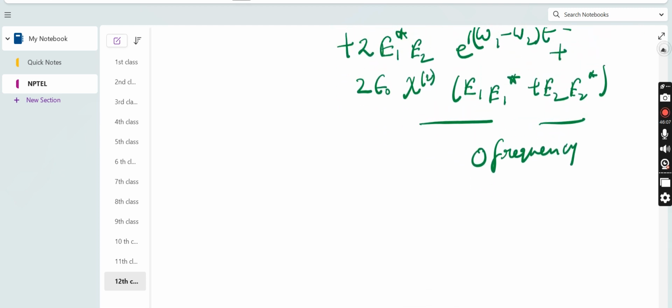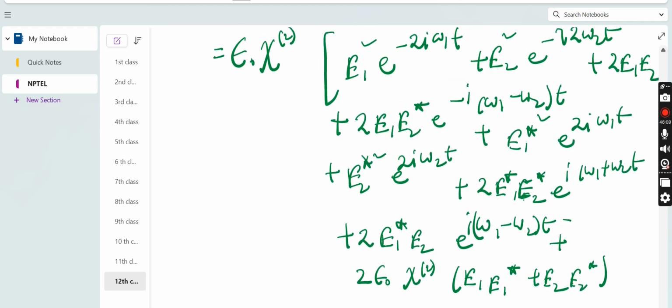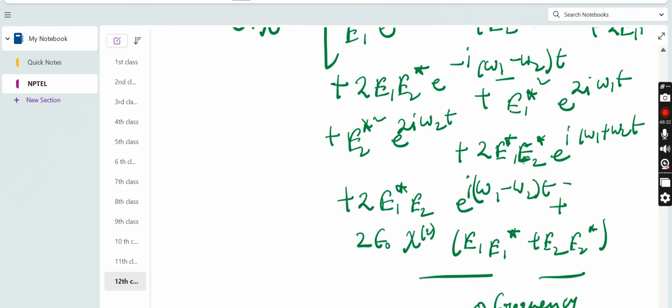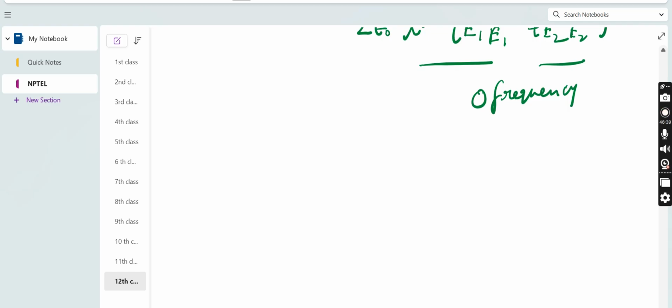So we have seen that we have almost 10 terms: 1, 2, 3, 4, 5, 6, 7, 8, 9, 10. But the frequencies are basically 2 omega 1, 2 omega 2, omega 1 plus omega 2, omega 1 minus omega 2, and 0. So we get 5 new frequencies, including the 0 frequency.